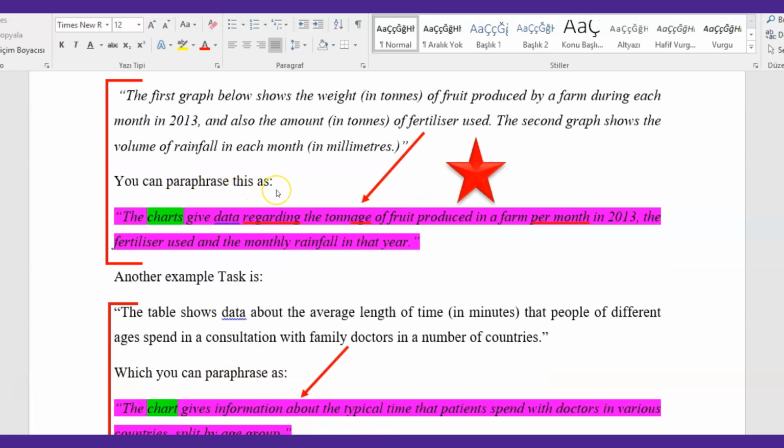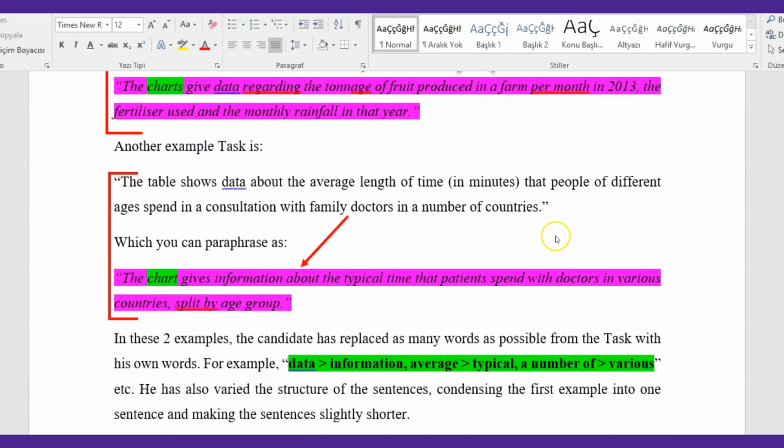You can paraphrase this actually. The charts give data regarding the tonnage of fruit produced in a farm per month in 2013, the fertilizer used and the monthly rainfall in that specific year.